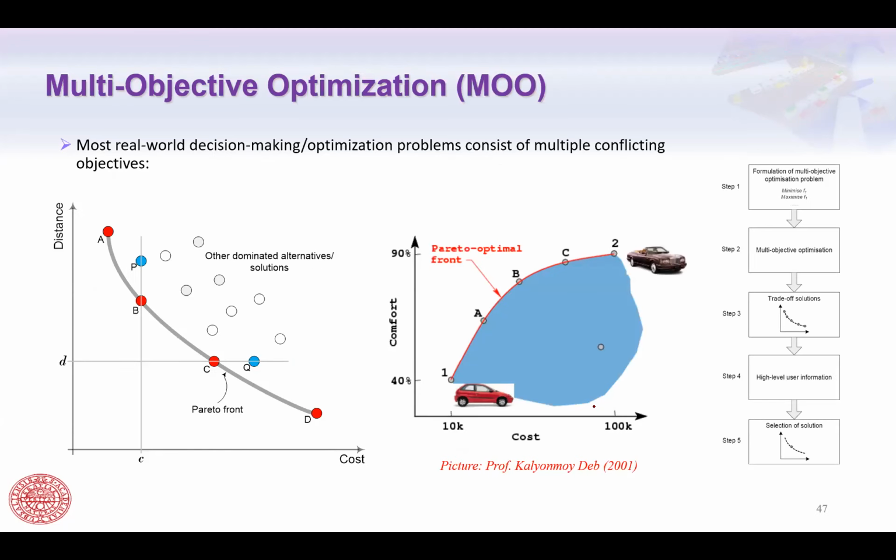So now we look at some practical examples. You buy a car, and normally you have more objectives, especially if you need to consider buying a car with your partner, then you have so many other objectives to consider. But let's just say that you have two objectives: cost and comfort.